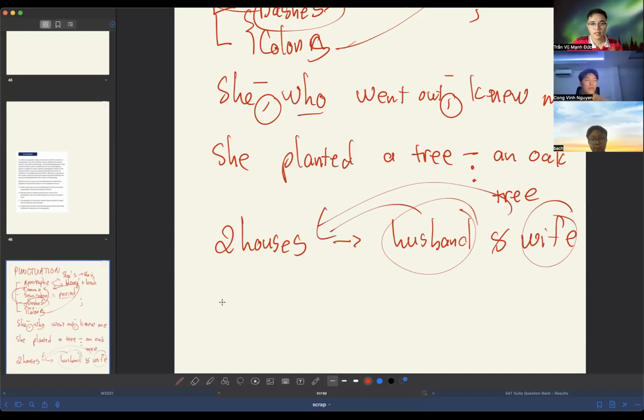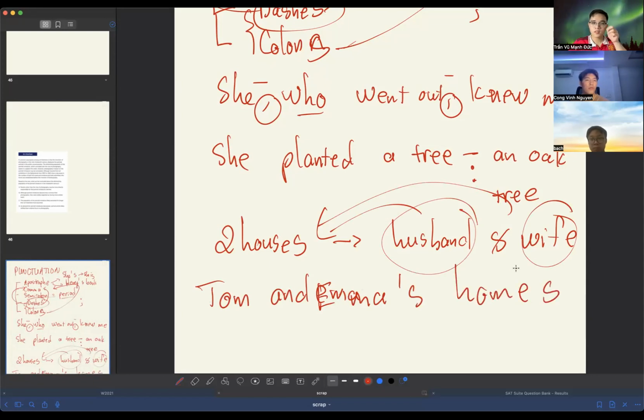And we can rewrite this as Tom and Emma Holmes, right? So if I separate these two people, if I divorce them, and Tom and Emma are no longer together and they have to separate these houses, what can I end up with?